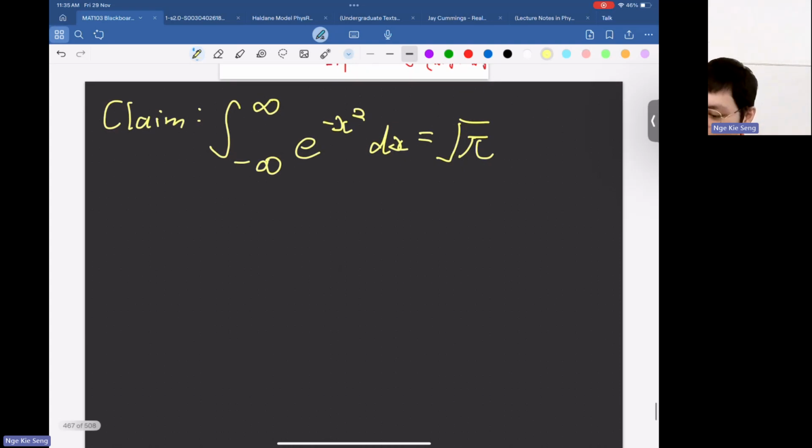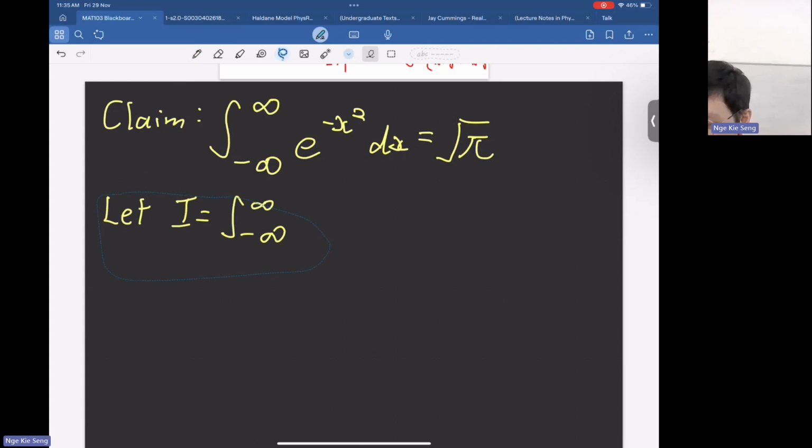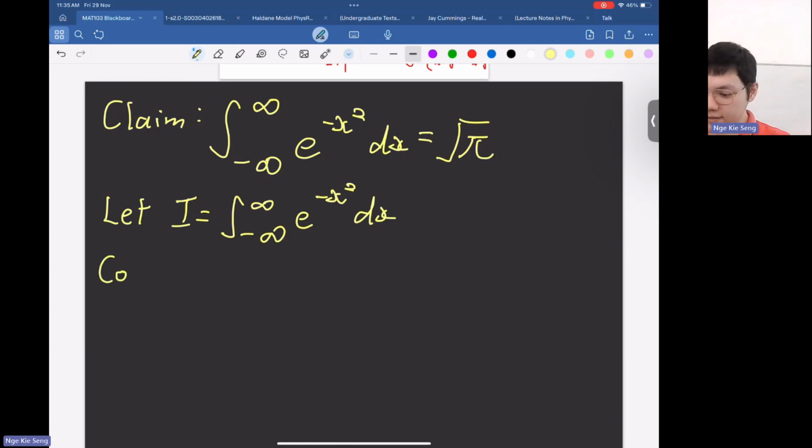Okay, so what to do? Let's assume it converges first. A bit like Ramanujan summation, but anyway. So e to the minus x squared dx, assume this is a number, and then consider the square of it.